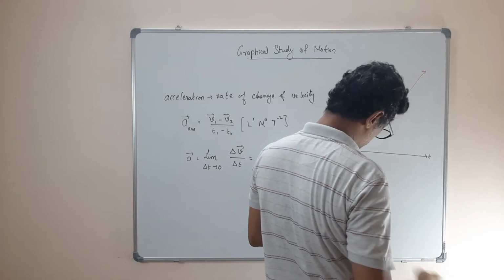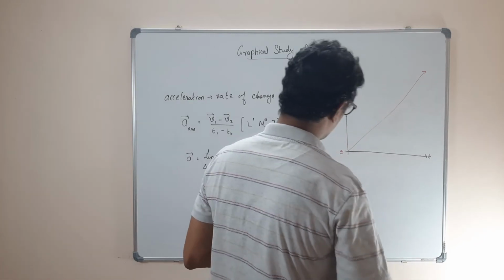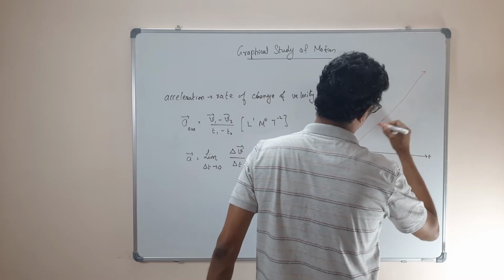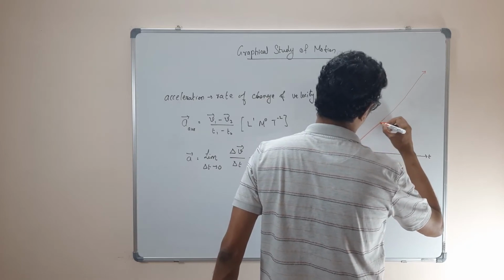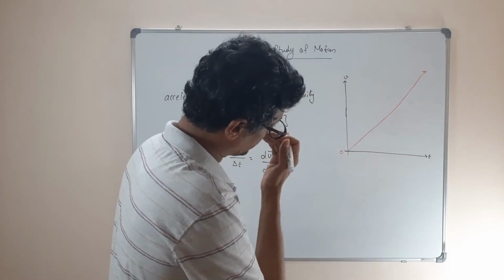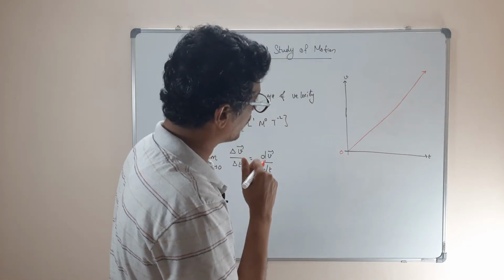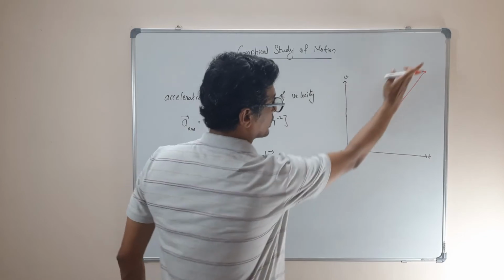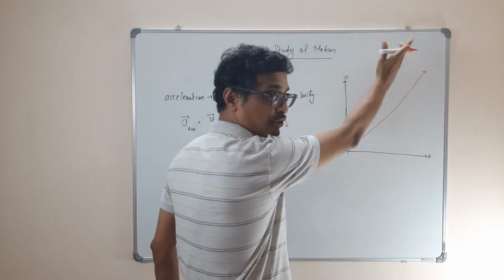And now integration comes into the picture when you deal with uniform acceleration or a typical acceleration. Suppose this is the velocity curve, the velocity of the body which is moving.